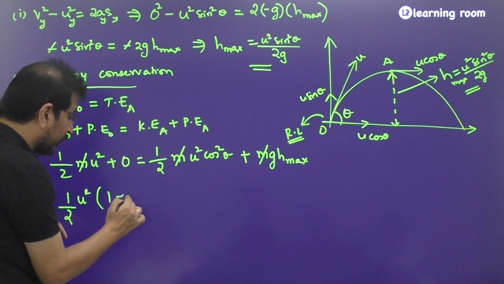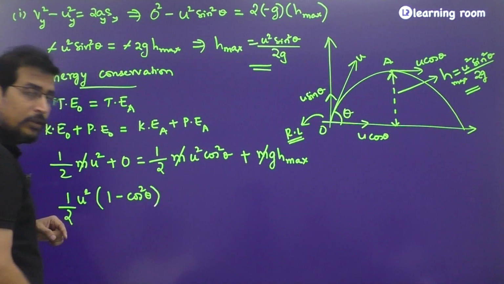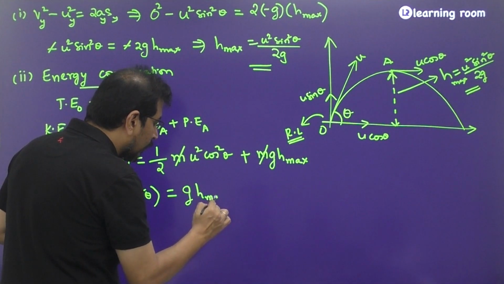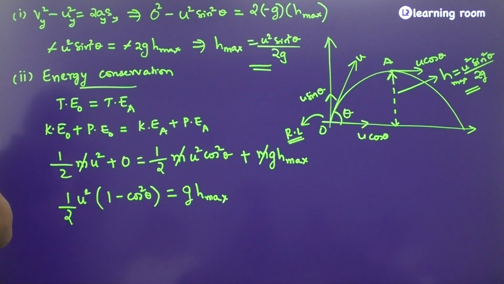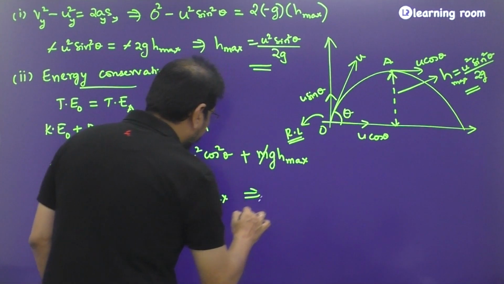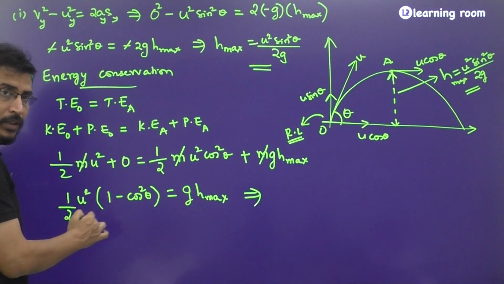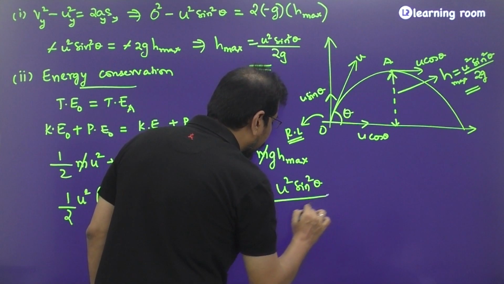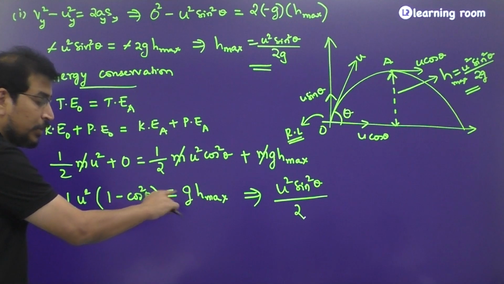So it becomes 1 minus cos square theta, which is equal to g into h max. What is 1 minus cos square theta? It is sin square theta. So u square sin square theta by 2 is equal to g into h max.